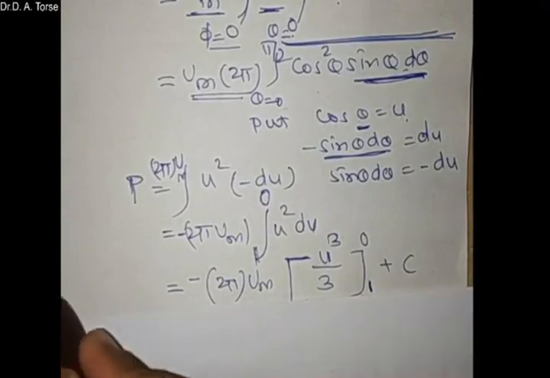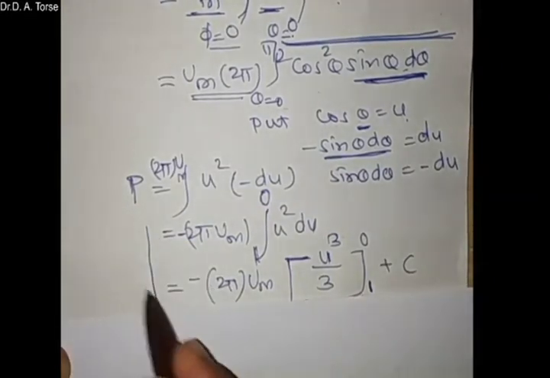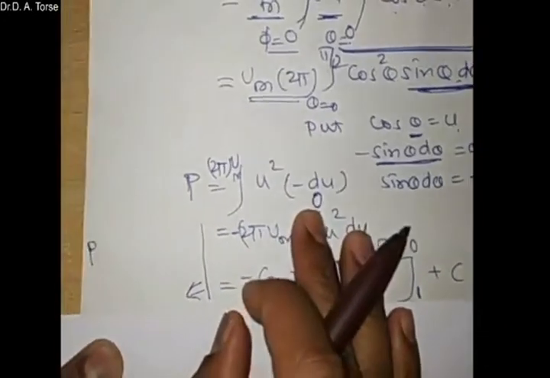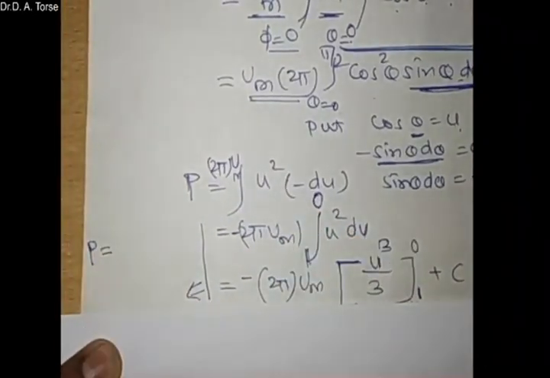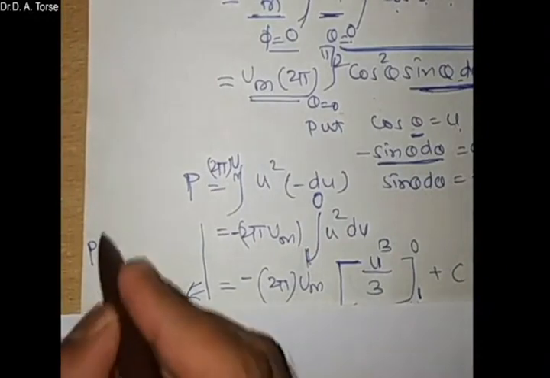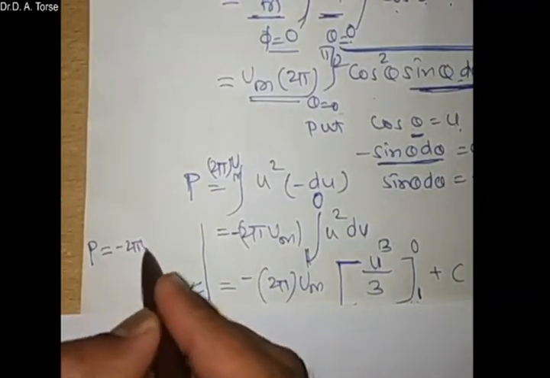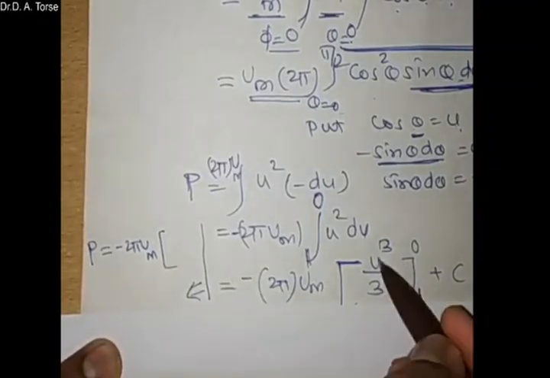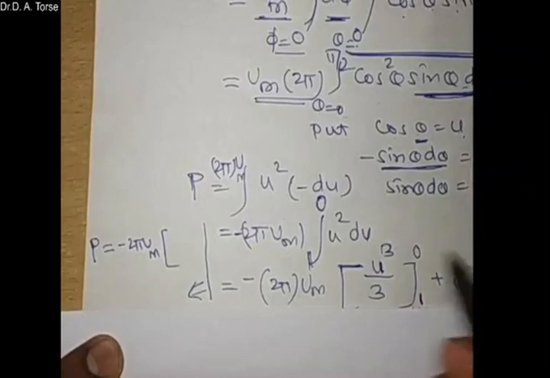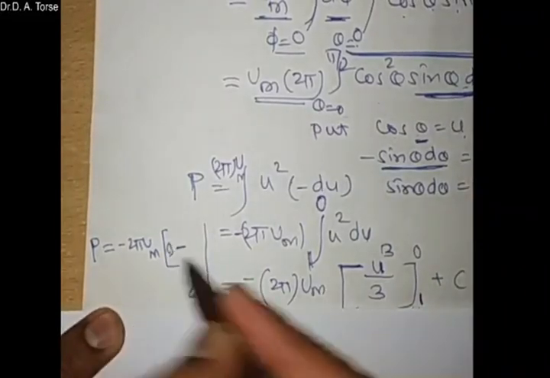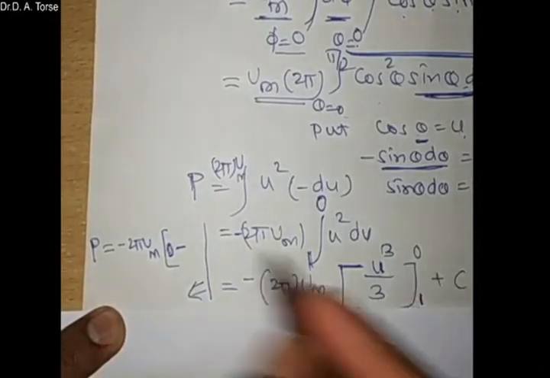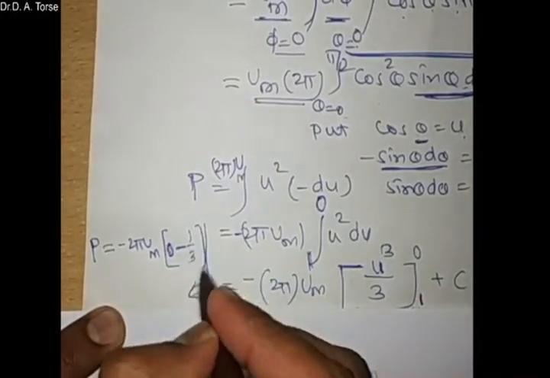So the answer should be, now I continue here, the power radiated by the given antenna is minus 2 pi into bracket. If we do the substitution of u limit values, 0 minus 1 by 3.